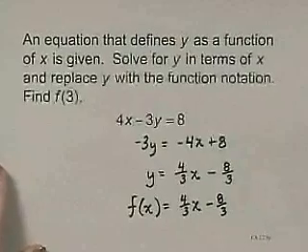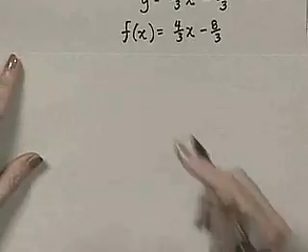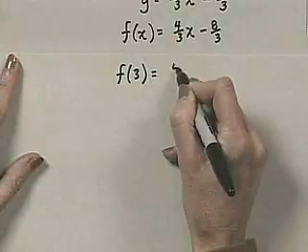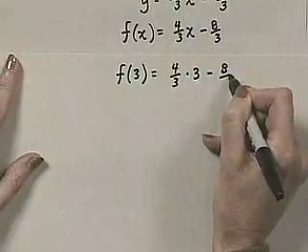To complete the problem, we're asked to now find f of 3. And so we're going to take this equation and now replace our x value in the equation with 3. So we're going to have f of 3 equals 4/3 times 3 minus 8/3.